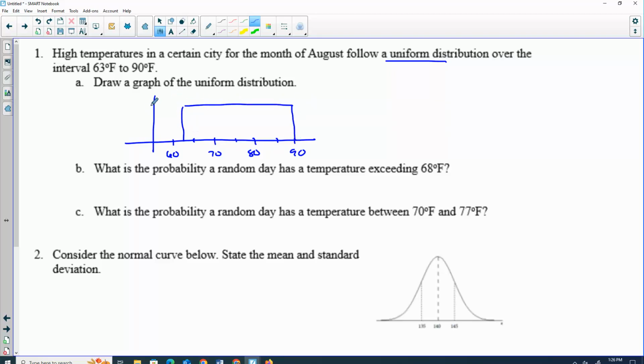The biggest issue with these is figuring out what the height of this rectangle is. So remember, the area of this is the probability, and the total probability is 1. We find the area of a rectangle by doing length times width. So the total area has to be 1. The length, how far is it from 63 to 90?